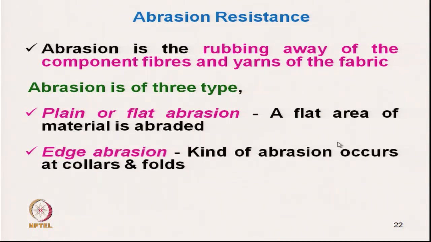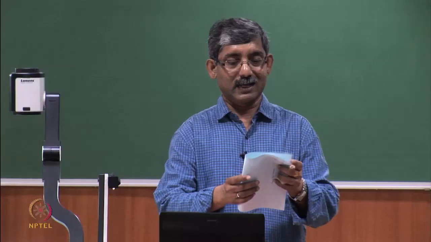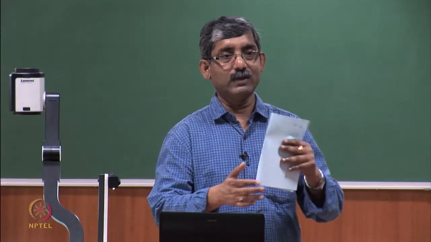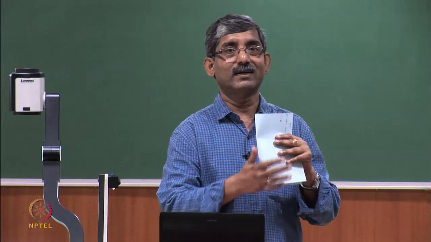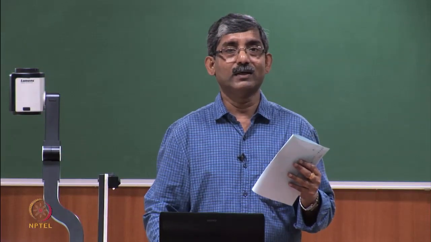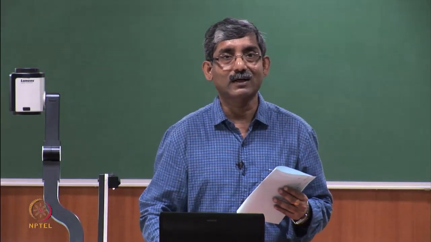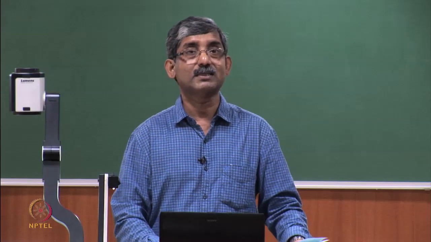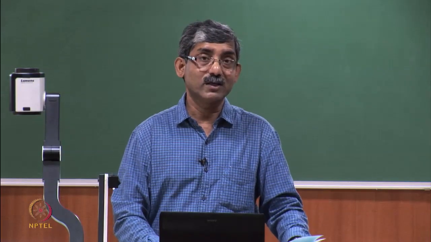Another is edge abrasion, where we form one edge of the fabric and then abrade. We can see this kind of abrasion normally in the collar or cuff or any fold; this type of abrasion takes place, and this test simulates that situation.